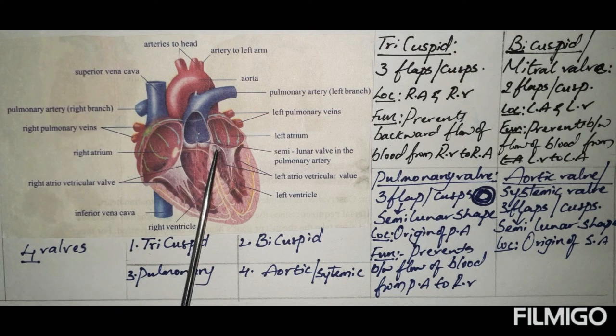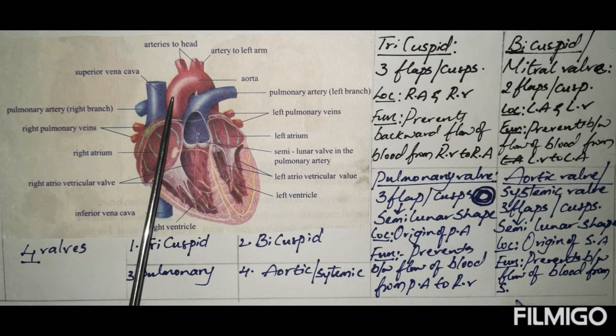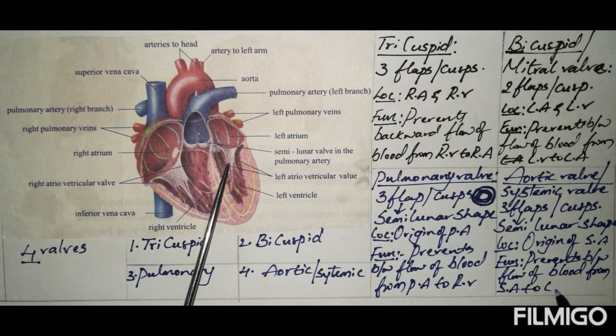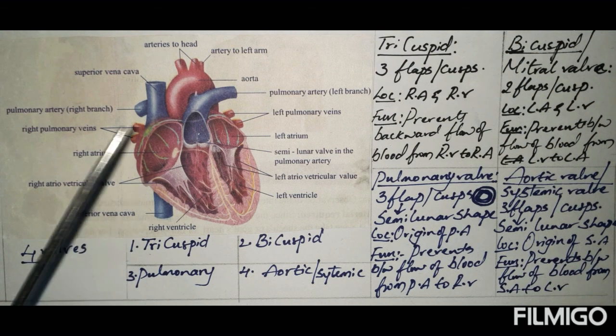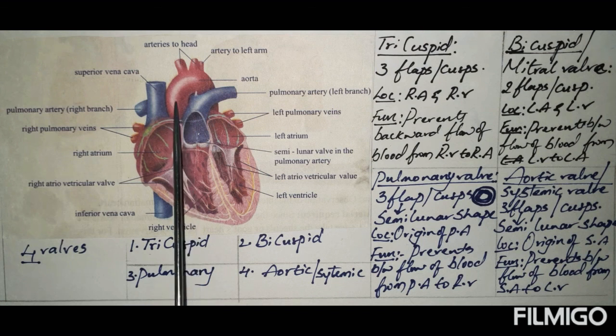So, here the aortic valve or systemic valve is located, and the function of a systemic valve is that it prevents the backward flow of blood from systemic artery to the left ventricle. It prevents the backward flow of blood from systemic artery into the left ventricle.